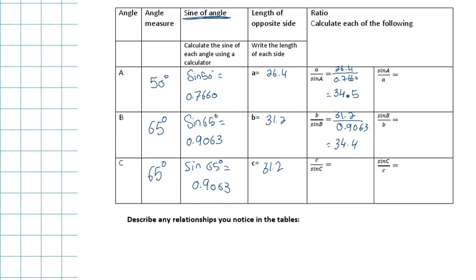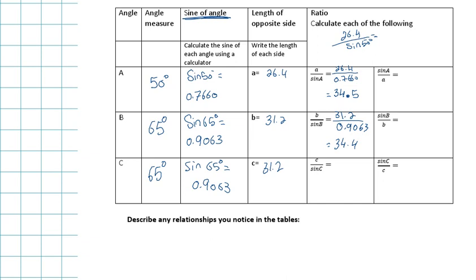If I do 26.4 over sine 50, what do you get? 34.46.